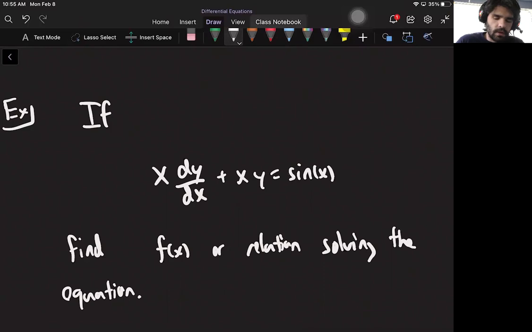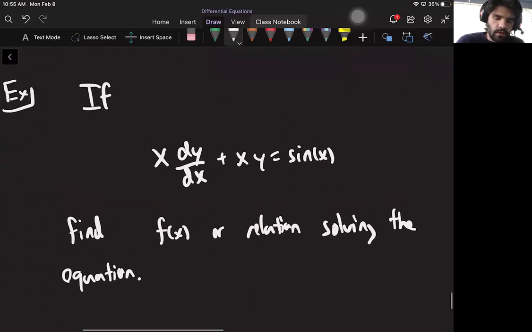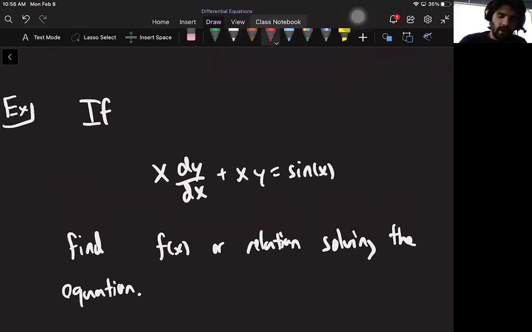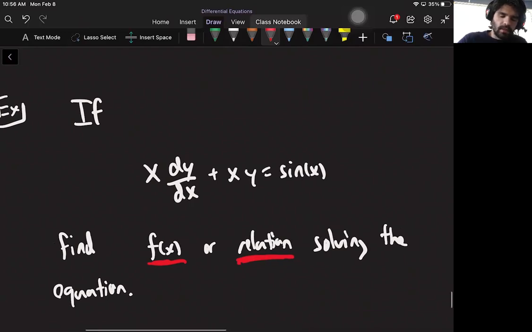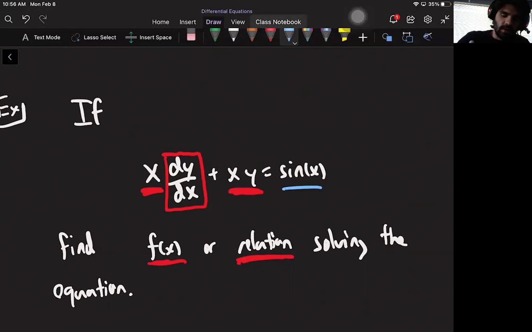So at a glance, this seems very impossible, but we should just try to understand what this is saying. So this is saying, I have some function or perhaps relation, I don't know, but what I do know is if I take its change in y with respect to x, its derivative, then when I multiply by x and I add it to the x times the y variable, then that'll all for some reason turn out to be the function sine of x.